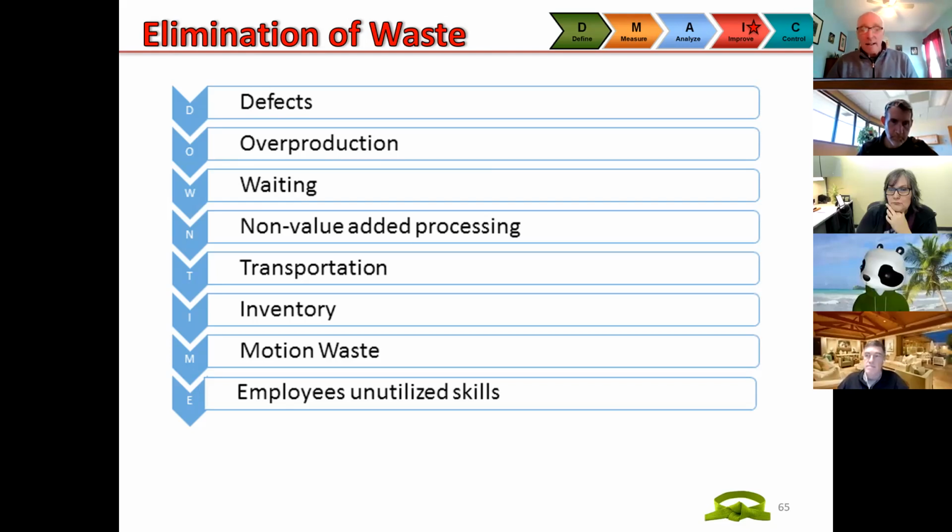The third one, again, is waiting, and people wait, materials wait, a lot of waiting. Non-value added processing is doing redundant quality tests, for example, or quality checks. It might be sign-offs. These are all things that your customer will not pay for. We can't put on the invoice that this was checked 4 times.